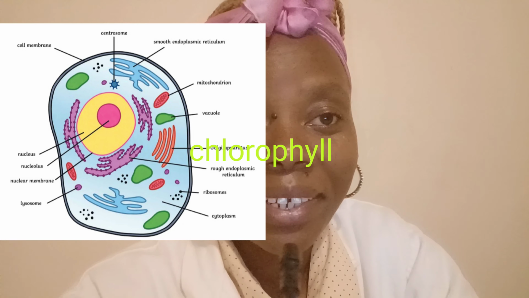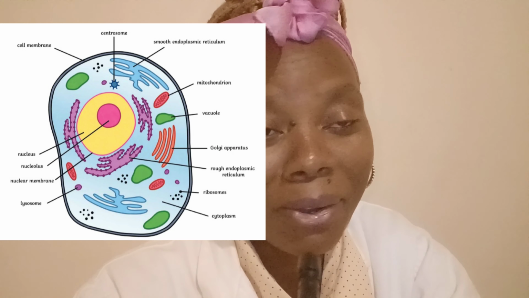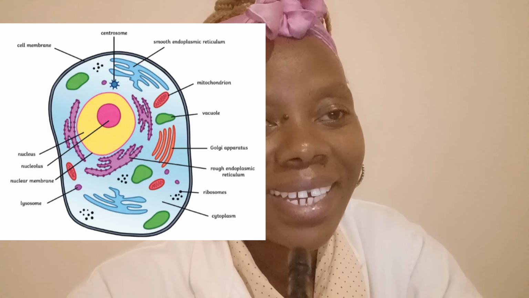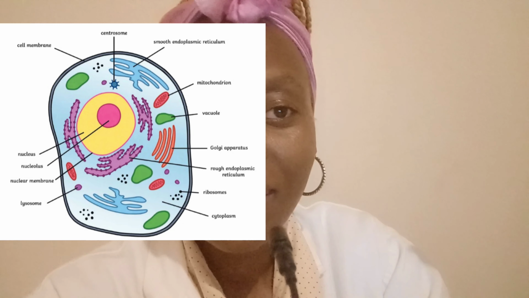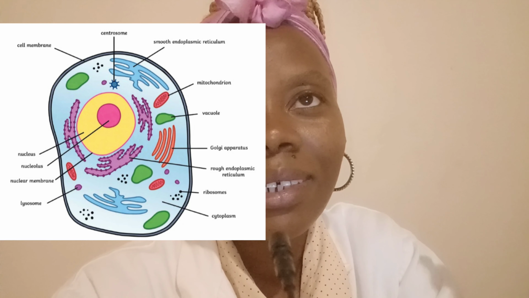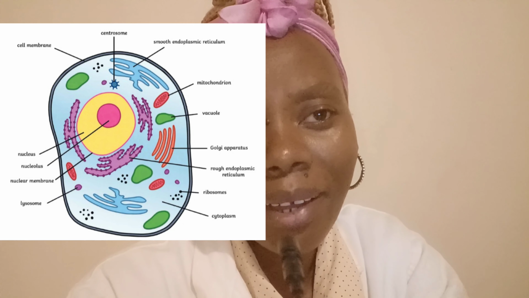We also have chlorophyll, the green coloring matter in the chloroplasts. Those are some of the cell organelles that are found in a plant cell and are not found in an animal cell.